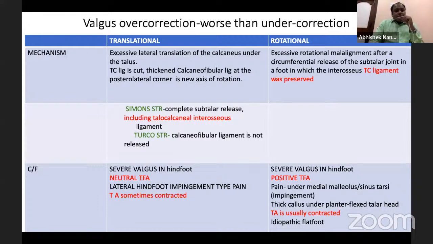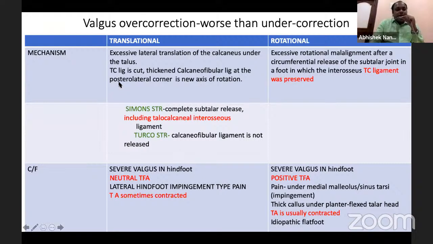So what is valgus overcorrection? As Sir was saying, translational versus rotational. There is some mechanism. If we do an extensive lateral release, in translation there will be excessive lateral translation of the calcaneus over the talus, but in rotational there will be a rotation.